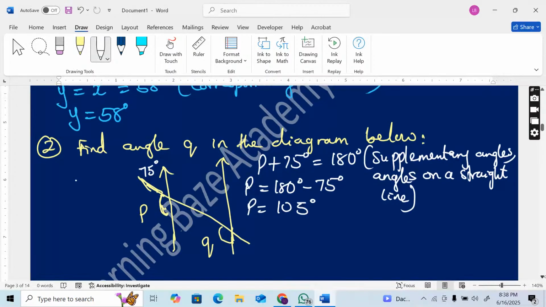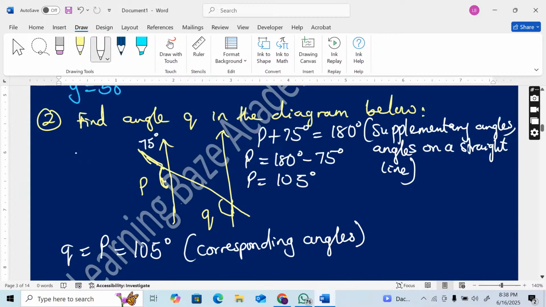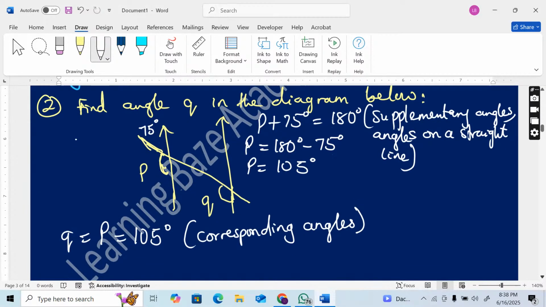So our angle Q is also equal to P, and that is equal to 105 degrees. The reason is that they are corresponding angles. I hope you got that. So Q is equal to 105 degrees. Take note.